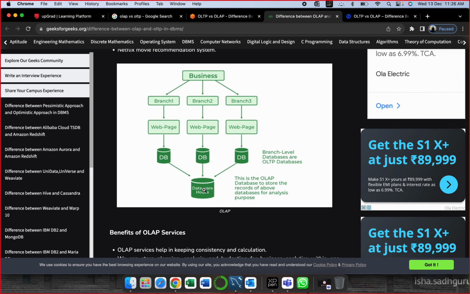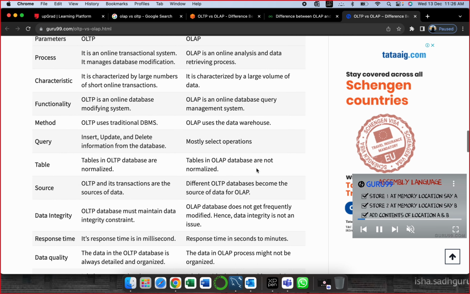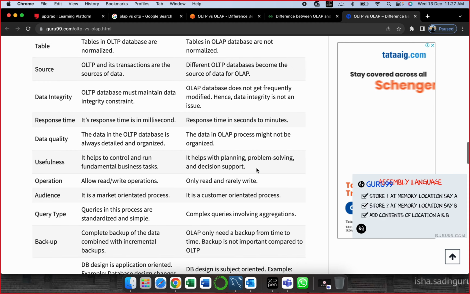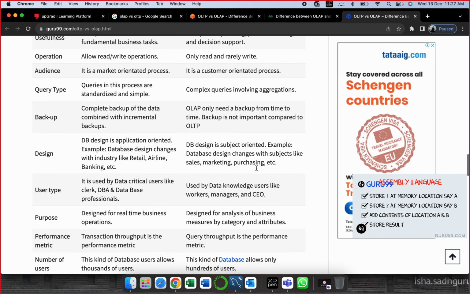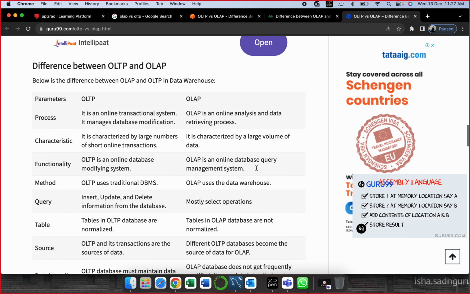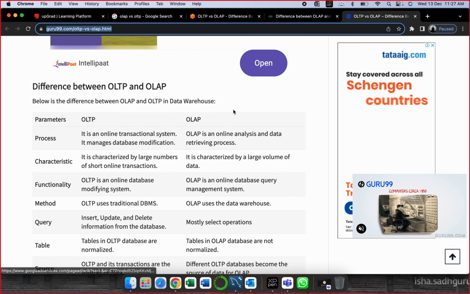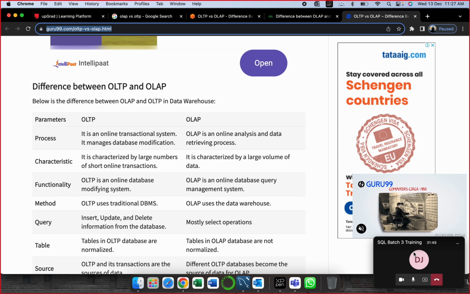If you are using it for analytical processing, it is an OLAP database for you. That's it. There are certain more things over here, so you can go ahead and read, but that's what we have discussed. That is the crux of the information.